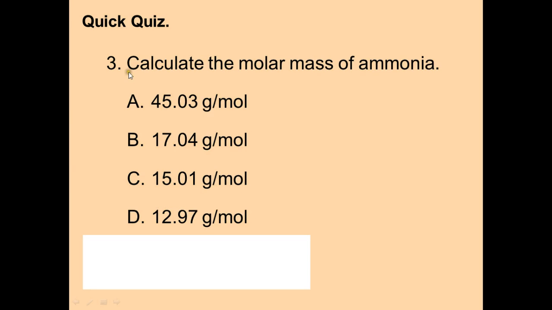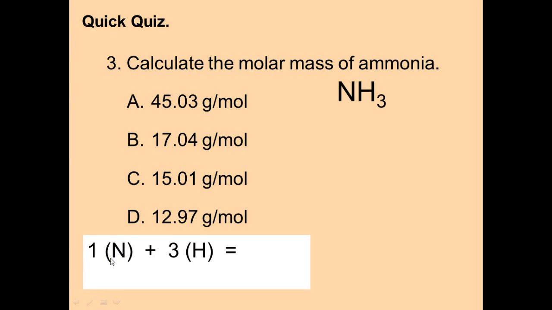Then here's the third problem. Calculate the molar mass of ammonia, which is NH3. So like we did with other problems, we first figure out how much of each element we have. We have 1 nitrogen and 3 hydrogens because the subscript tells us that. Then we multiply the coefficient of each element times the element's corresponding atomic mass, which we get from the periodic table.